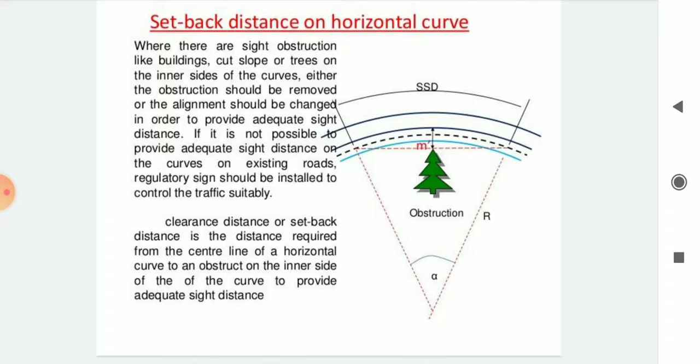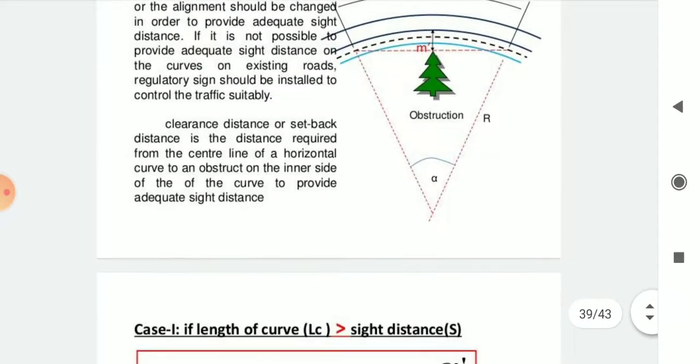If it is not possible to provide adequate sight distance on curves of existing roads, regulatory signs should be installed to control the traffic suitably. Clearance distance or setback distance is the distance required from the center line of the horizontal curve to an obstruction on the inner side of the curve to provide adequate sight distance.